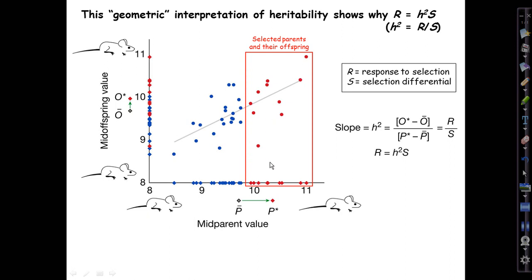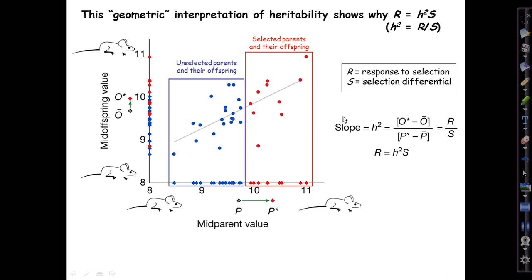So here I've boxed the selected parents and their offspring. Their joint mean is a point up here on the line. And here we have boxed the unselected parents and their offspring. Their joint mean is a point here on the line.